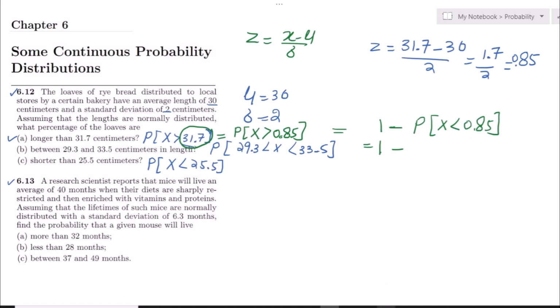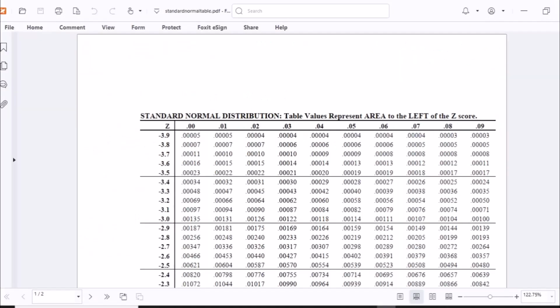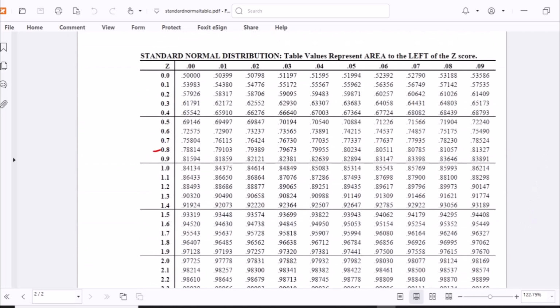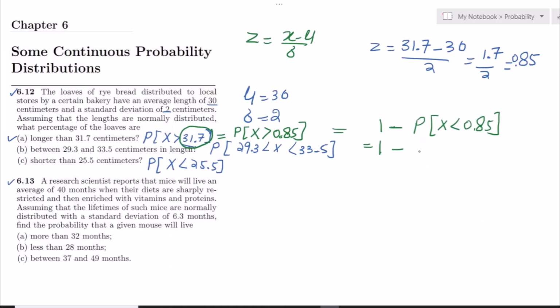Let me use the table for 0.85. This is 0.8, and the column for 5 is here. So 0.85 gives 0.8023.